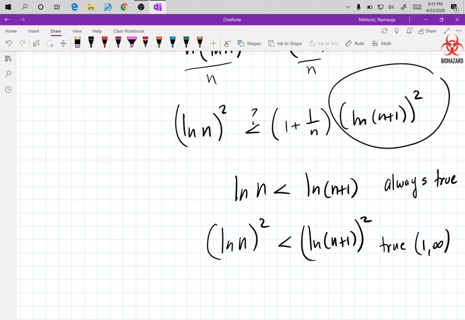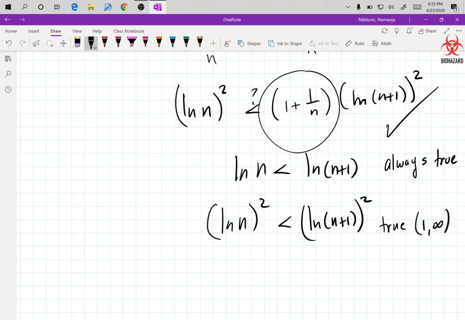So this holds as well. By the way, this is always positive because you have 1 plus whatever value you get here, it doesn't matter. That's always positive, and then multiplies into another positive number there. So it's going to be a positive value, which is always bigger than the one on the left. So that's what we have for our comparison.